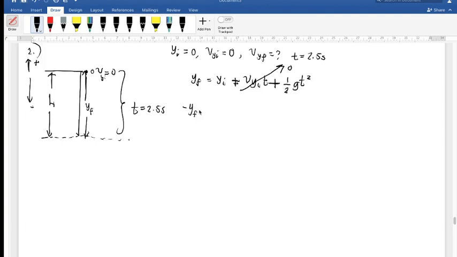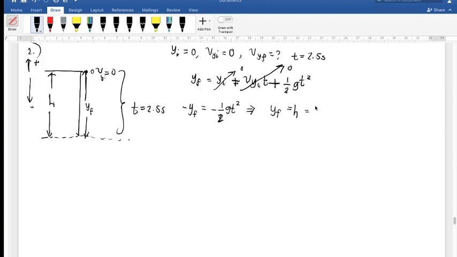Okay, kasi negative siya, below sa origin kasi siya, and your yi is 0, so we can take that one as 0. Then we have here negative 1 half gt squared. So cancel negative. So what's left is we have to find yf, which is the height of the building, is equal to h, the height.